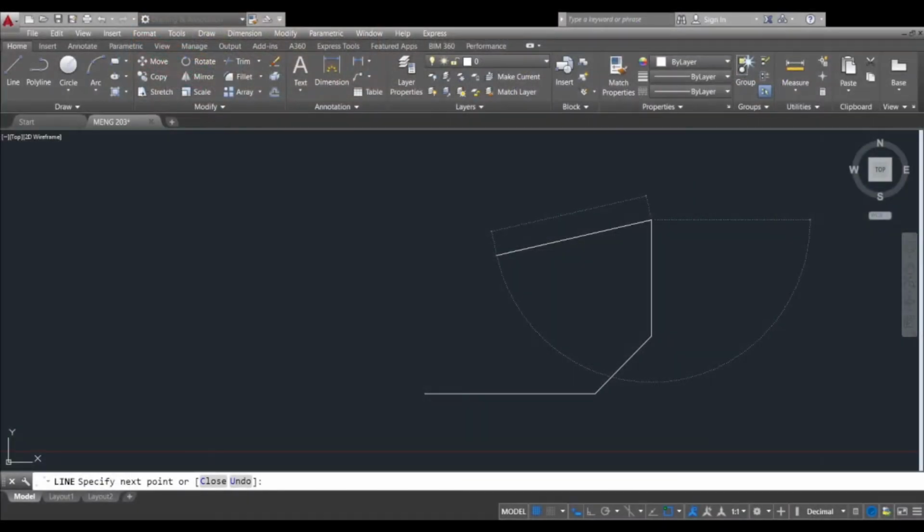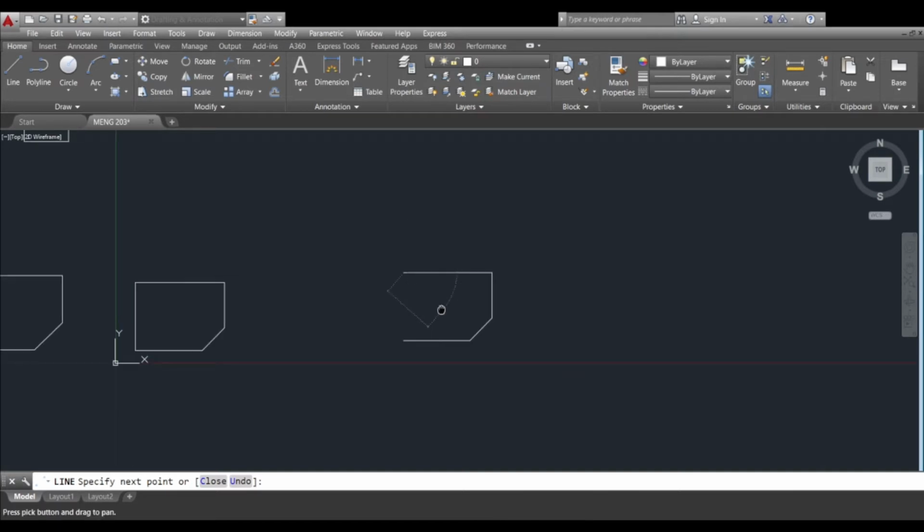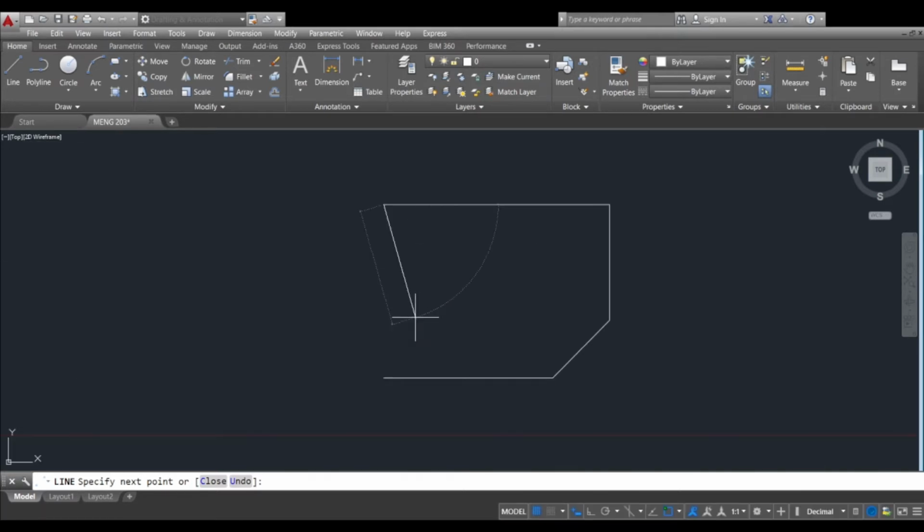So our coordinate will be @4 angle 180. Then we can close the figure by typing C, then enter. But we need to get the coordinate of the last point.